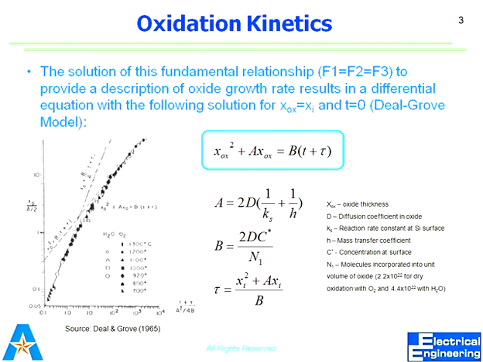If t is much greater than tau, then we can ignore tau. At the same time, if X oxide is much larger, the linear term would be ignored, because if the number is very large, its square would be much larger. So I'm talking about the thick oxide layer.